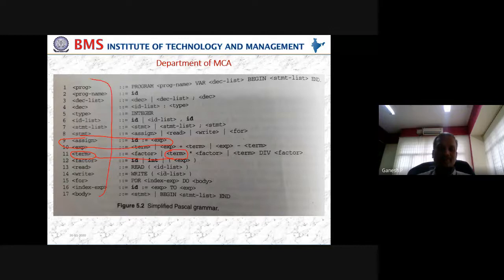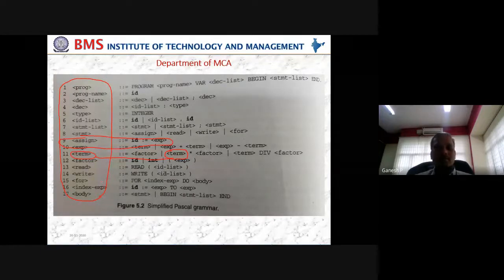Since we know it is an example of a top-down approach, we take the input from left to right and start navigating from the non-terminal symbol down to whatever input we have. So that is the reason why it is called a top-down approach.